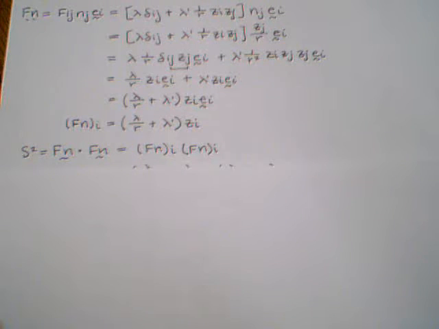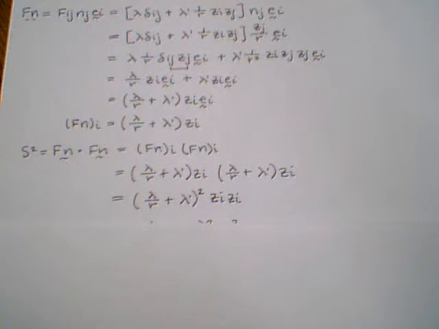S squared, again, is equal to Fn dotted with Fn. So in component form, that is the ith component of Fn multiplied by the ith component of Fn. Using what we found earlier, we have lambda over r plus lambda prime zi multiplied by lambda over r plus lambda prime zi. And this is equal to lambda over r plus lambda prime squared zi zi.